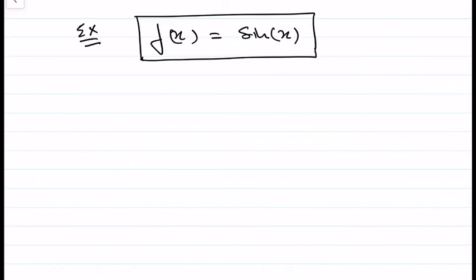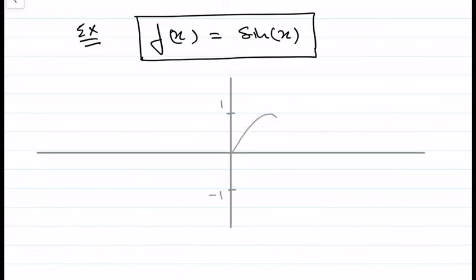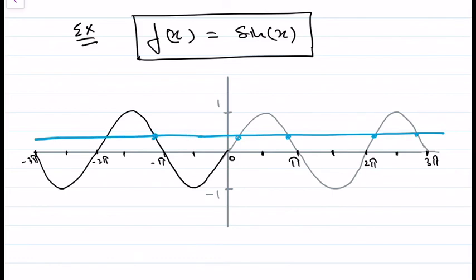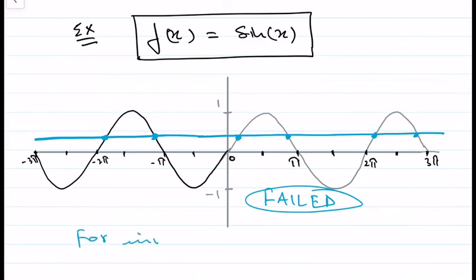Now let's take a trigonometric function f(x) = sin x, and the graph of sin x will look like this. If we do the horizontal line test on this graph, we can see that it will fail very badly because this horizontal line is intersecting with this curve at more than one point.